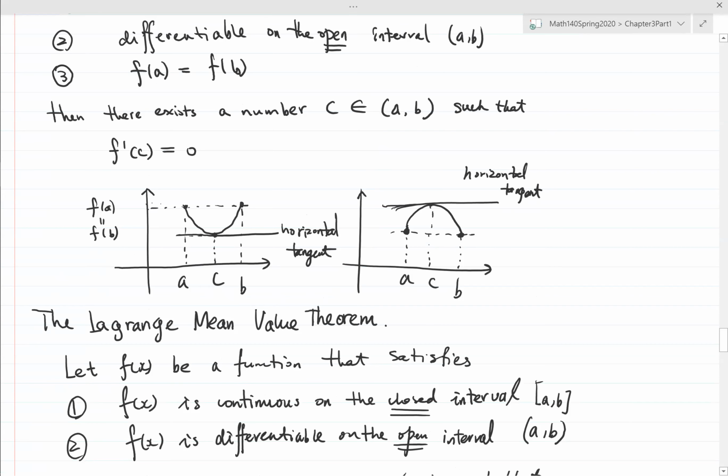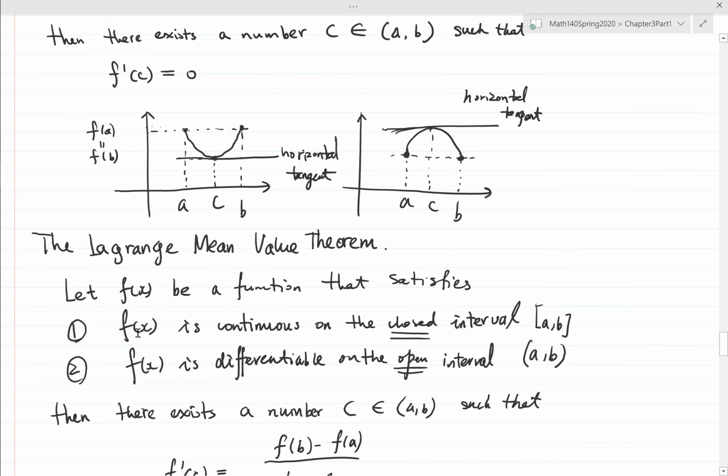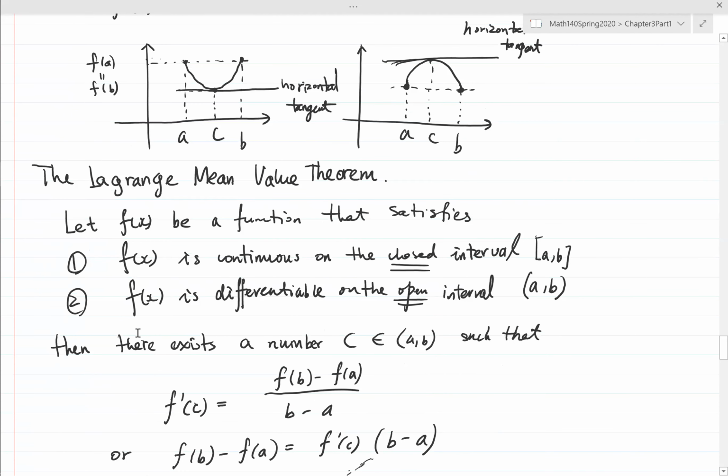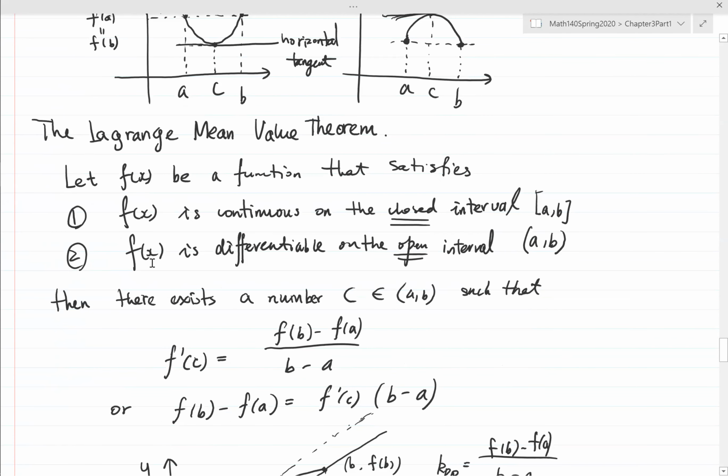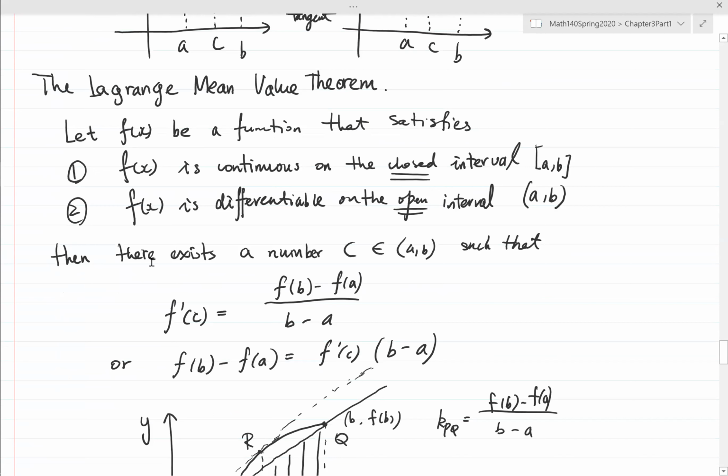And then we talked about the Lagrange mean value theorem, which is equivalent to Rolle's theorem. But actually we remove condition 3. So no longer having condition 3 means that the two function values at a and b can be different in general. The first two conditions are the same.